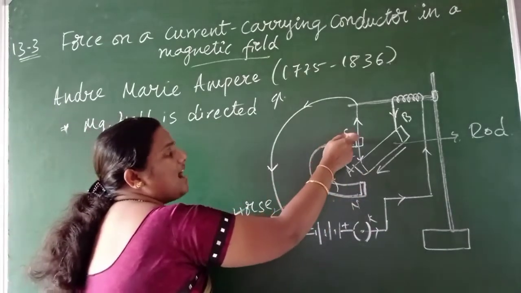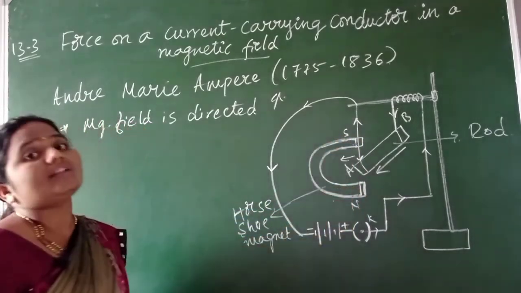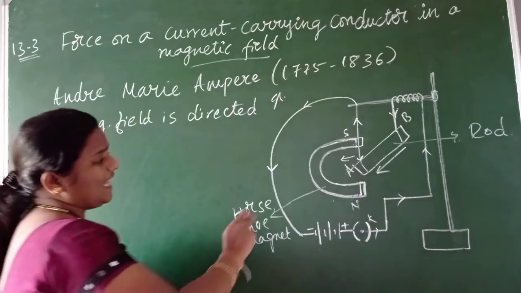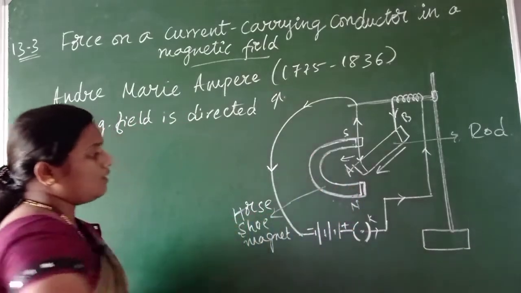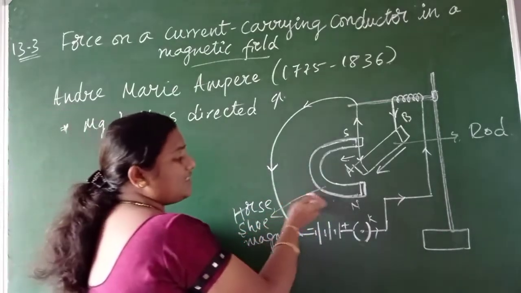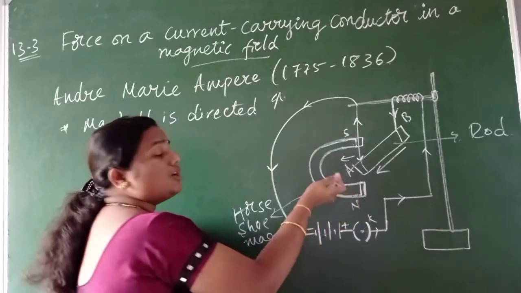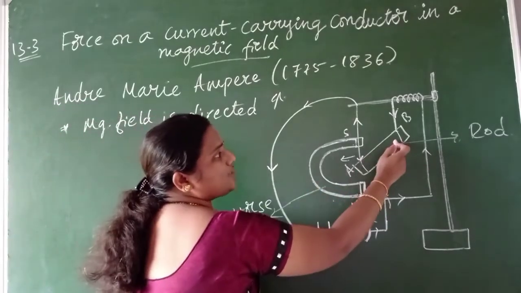Those are named S and N. S means the south end point, N means the north end point. And in such a way, the north pole of the horseshoe magnet should lie vertically below the rod. Understanding, children?